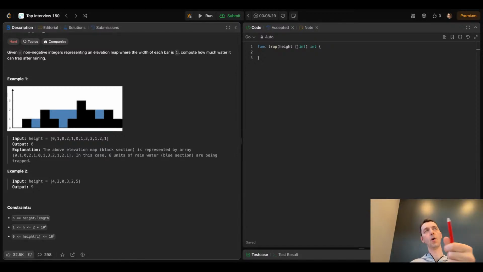We need to go all the way to the end and find the maximum length, right? Actually, I can't even immediately figure out the brute force.